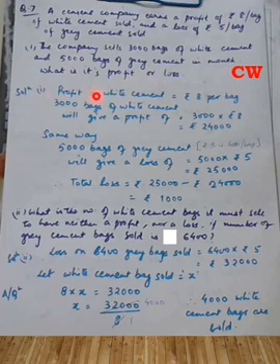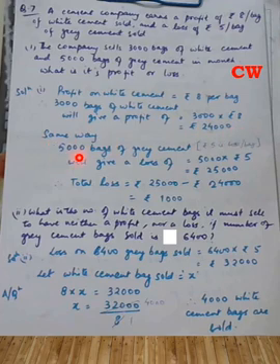So let us start. Profit on a white cement bag is rupees 8 per bag. Means if they are selling one bag, they are getting 8 rupees as profit. So 3,000 bags of white cement will give a profit of 3,000 into rupees 8, that is rupees 24,000.